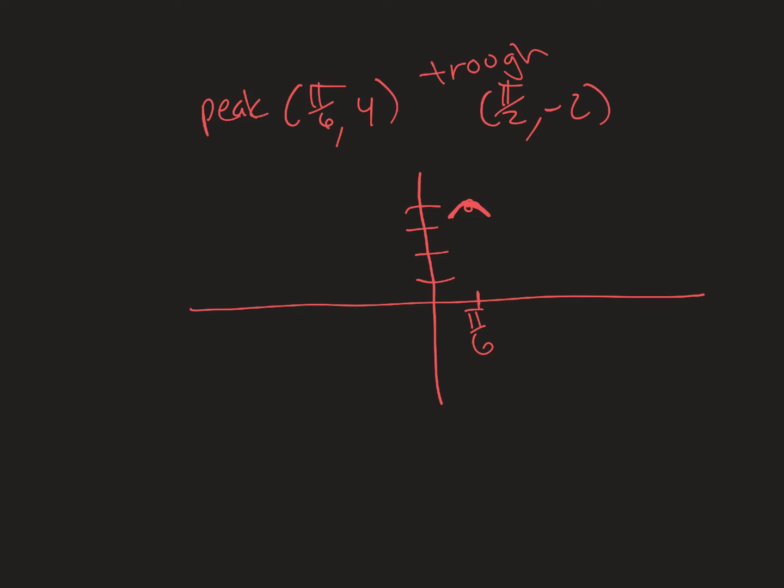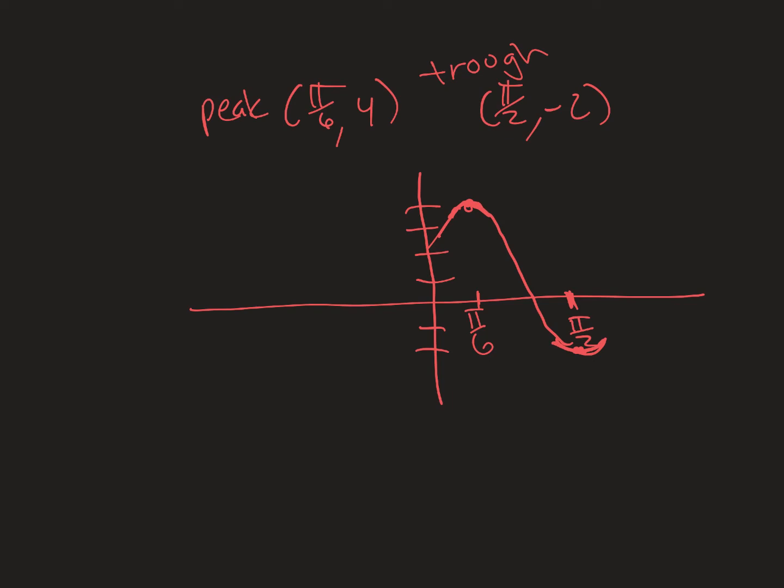And then pi over 2. So pi over 2 is 60 away from pi over 6, which is 30. So we've got at pi over 2, negative 2 here, my low value. Okay, so I'm just going to draw.